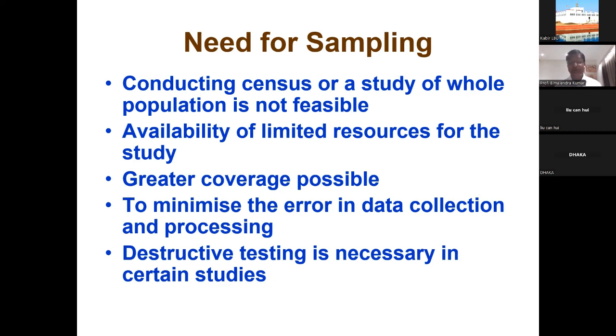There is also the problem that we cannot have a wide coverage of all the districts of the state, or even of a district. So to minimize the error in data collection and processing, there is a need of sampling.